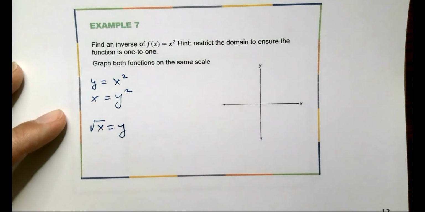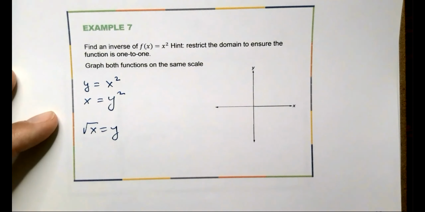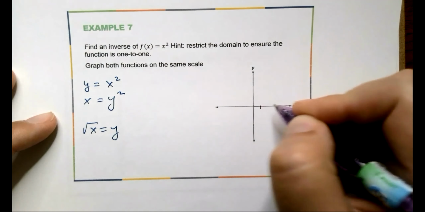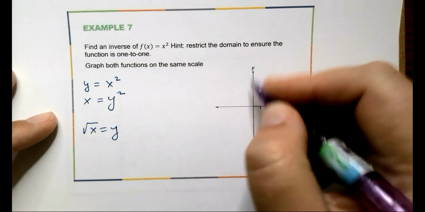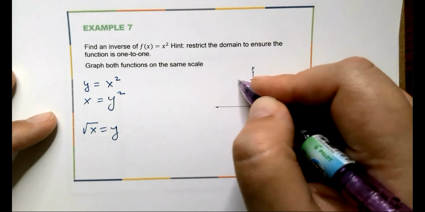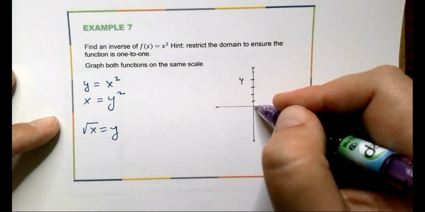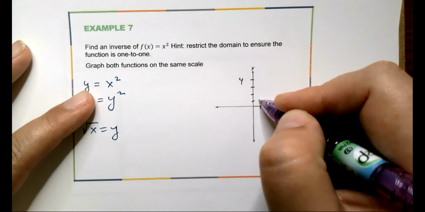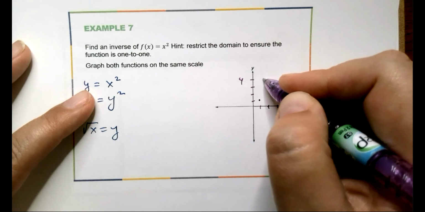We already talked about the shape of this function. So let's graph 4, 2, 3, 4. Okay, so my x squared function goes through 1, 1, and 2, 4.